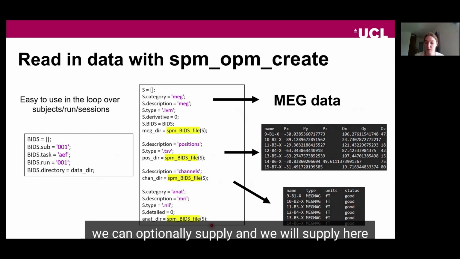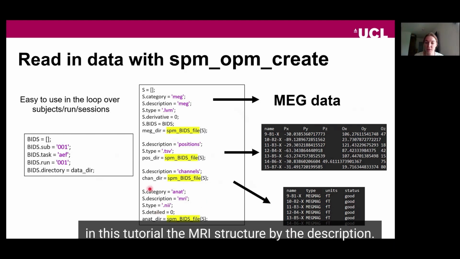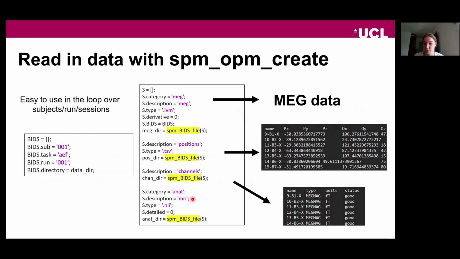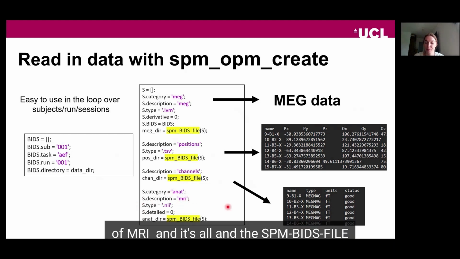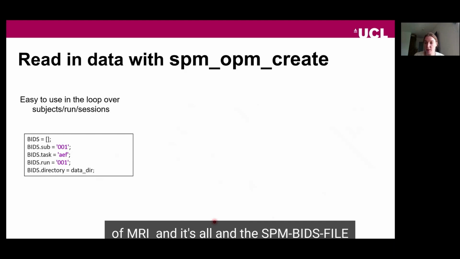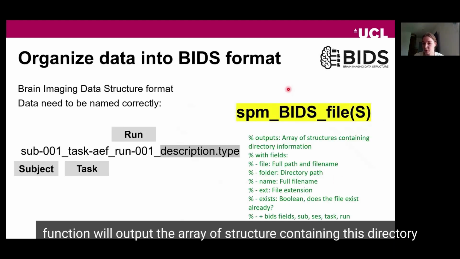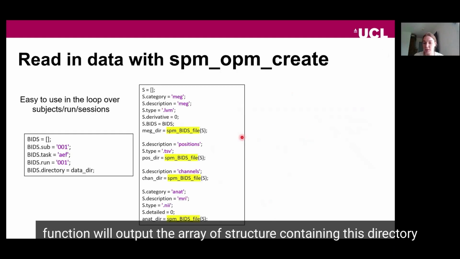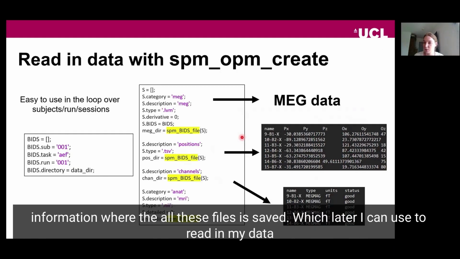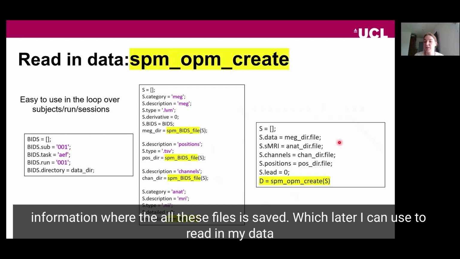Then we can also supply, and we will supply here in this tutorial, the MRI structure by the description of MRI. And that's all. The spm_BIDS function will output an array of structures containing the directory information where all these files are saved, which I can later use to read in my data.